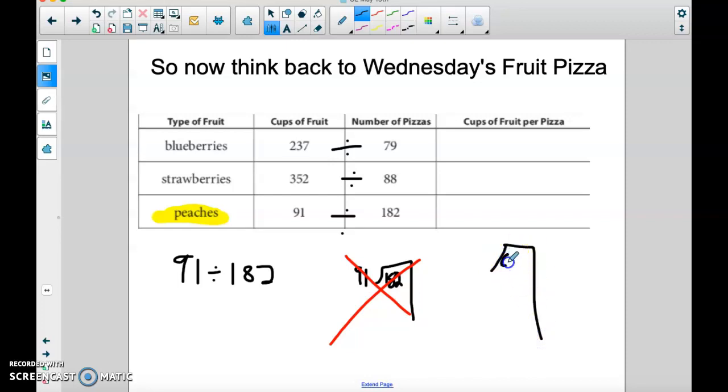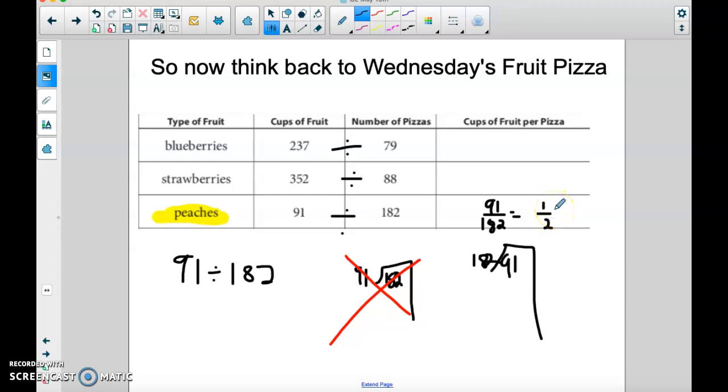So if we redo it, the first number should be inside. So this is what it should look like, right? And now if we think about our little trick, our little rule, this would equal 91 182nds. And there were a handful of you that made a really nice connection and saw that that was equal to 1/2, which was fantastic.